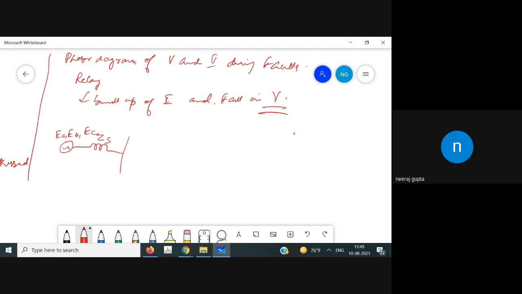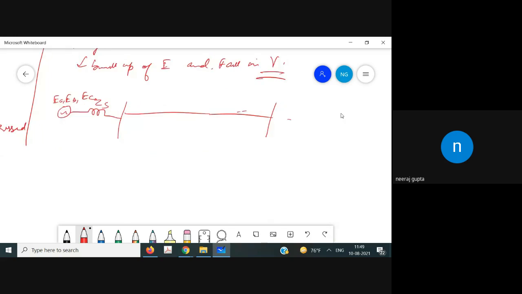Then let us suppose that we have a transmission line and we have used protection equipment for that. This is the CT, which is used. This is the relay.